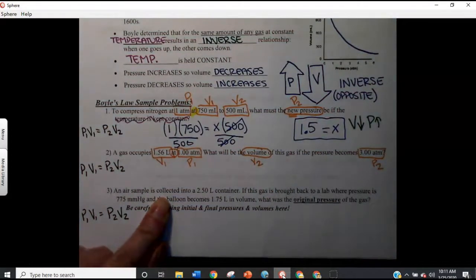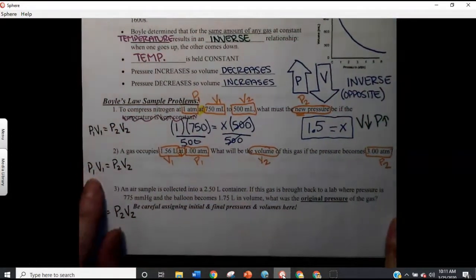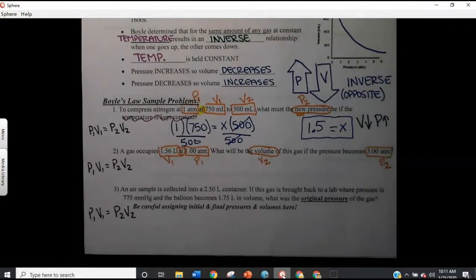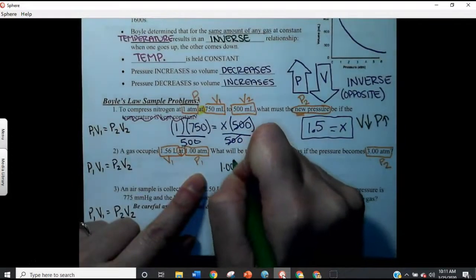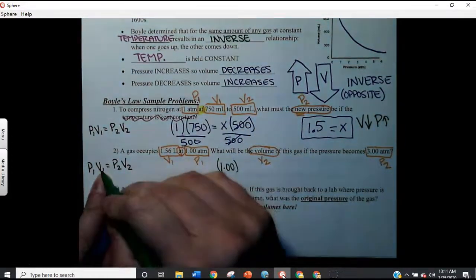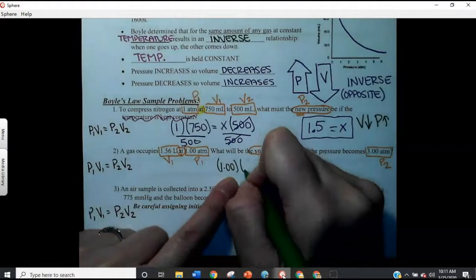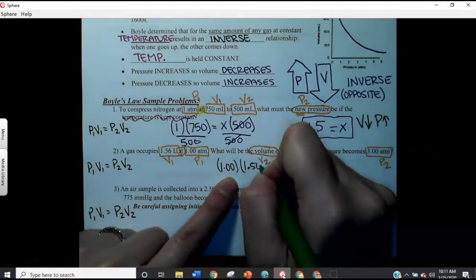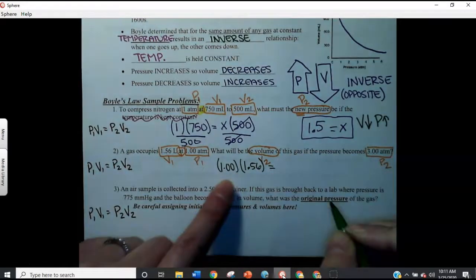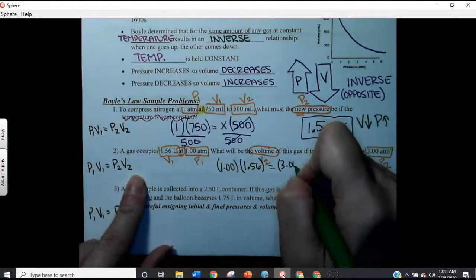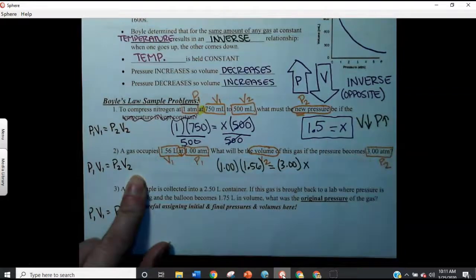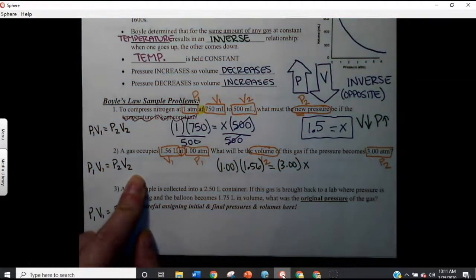Given, unknown, equation, so substitute. Let's substitute. For P1, my first pressure, I'm going to say 1 atmosphere times my first volume right here, which is 1.56, equals my second pressure of 3 atmospheres, 3.00, times x. I don't know what my second volume is.